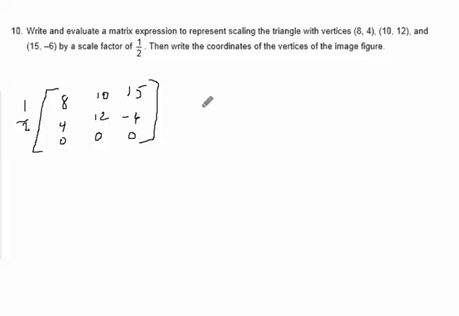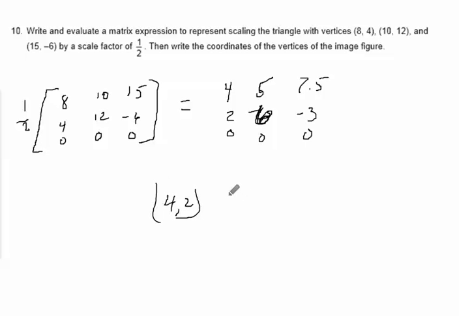That means I multiply every one of them times 1/2, and I'll get 4, 2, 0, 5, 6, I was looking at the 15, 7.5, negative 3, 0. And my coordinates for the new location would be at 4, 2, at 5, 6, and at 7.5, negative 3. That's where I would write my new locations. Cool.